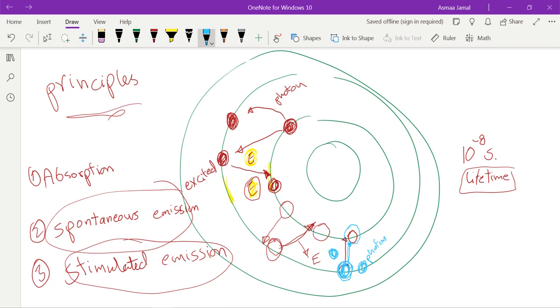So in stimulated emission, we have the first incident photon and the second photon emitted by the excited electron. The stimulated emission process is very fast compared to the spontaneous emission process. In the spontaneous one, we have just one photon and two photons in the stimulated emission. This one occurs naturally, while the stimulated one occurs artificially.